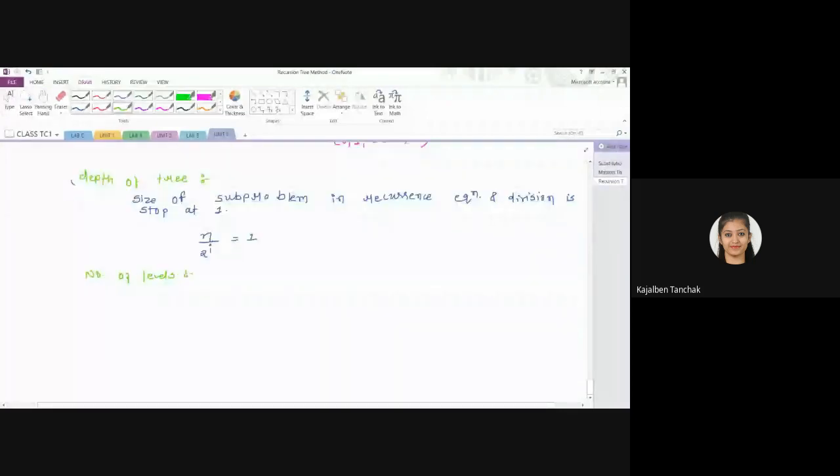Here you have to consider number of subproblems. Like if your number of subproblems is 4, then you have to write 4 raised to i, where i is the depth of tree.